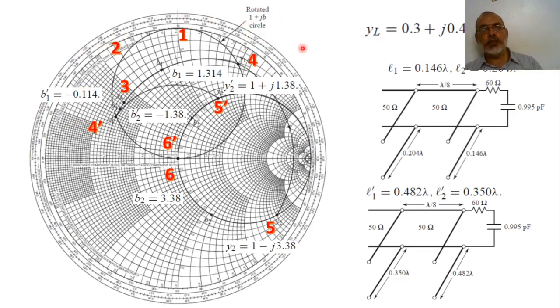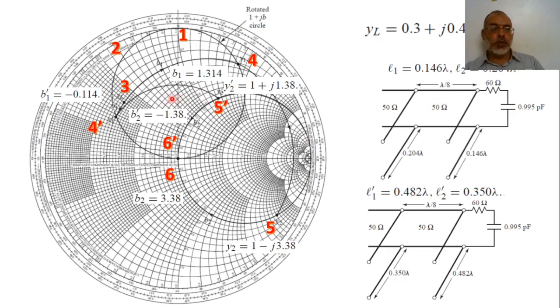By calculating this distance, we find it is 0.204 lambda. By determining the length of the first step and the length of the second step, we have already designed the tuning circuit, because the distance between the two steps is fixed as lambda over 8.